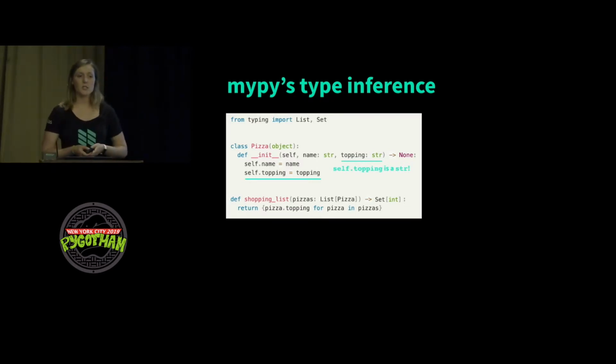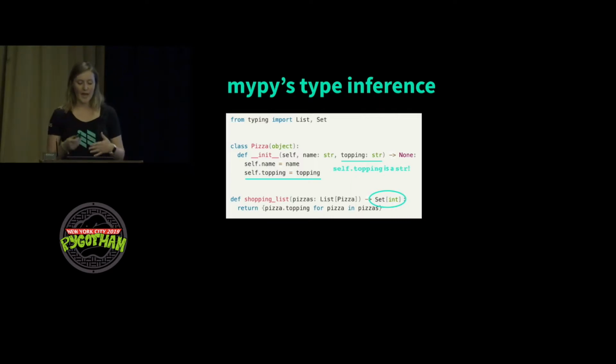Let's look at this function shopping list, which takes in one argument, pizzas, and that's a list of these pizza objects defined above. Looking at the code, it does set comprehension and returns a set of pizza.topping. The return type of shopping list says that it is a set of integers.